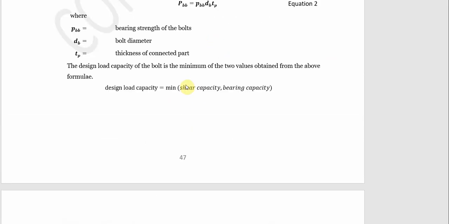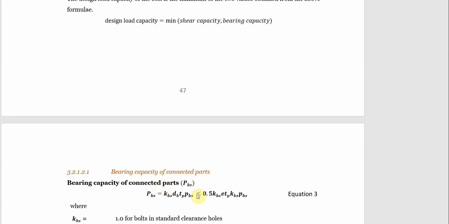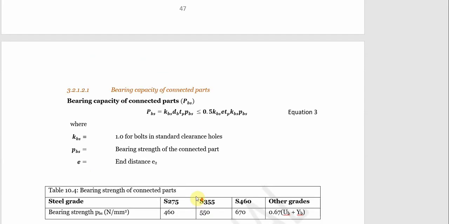I've already explained the Db, which is the bolt diameter, and Tp, which is the thickness of the plate. After doing this calculation, we will check whether it is less than 0.5 Kbs e Pbs, where Kbs is 1.0 for bolts in standard clearance holes, while Pbs is the bearing strength of the connected parts, and e is the end distance.